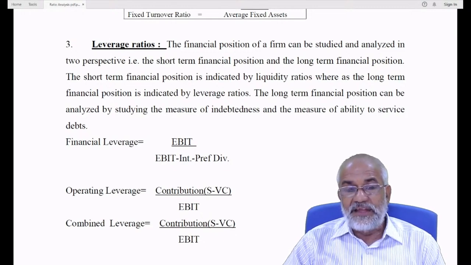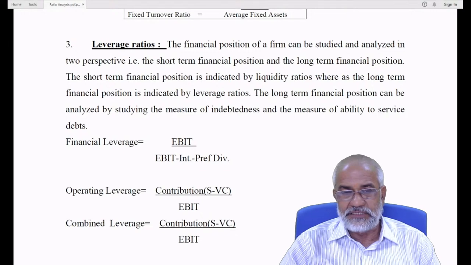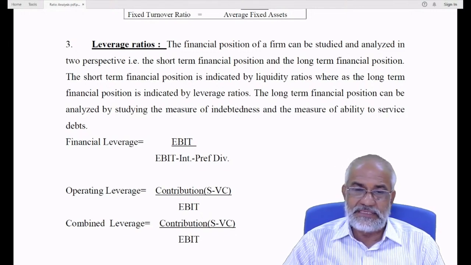That means additional finance required for establishing the second unit, unit B, is 1 lakh rupees, which will give the same 30% return. Now there are two options in the hands of the organization.